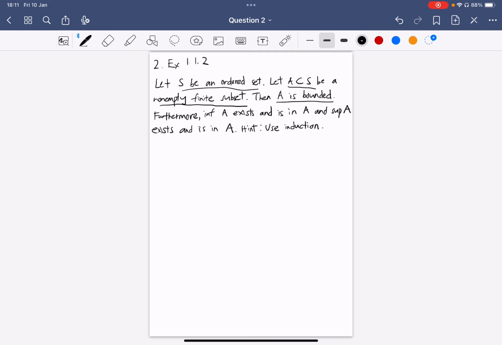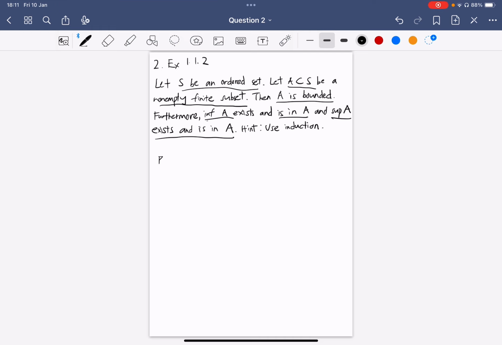So the question wants us to prove that A is bounded, and it's a subset of this ordered set S, and also that inf A exists and is in A, and sup A exists and is in A, right? And we use induction to prove this statement.